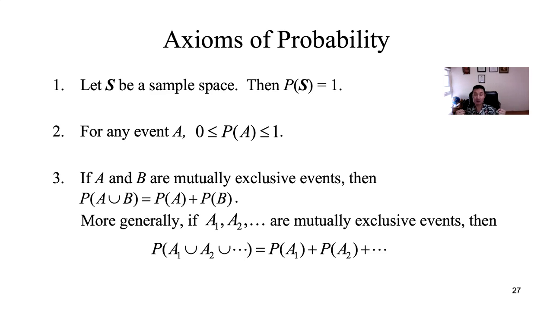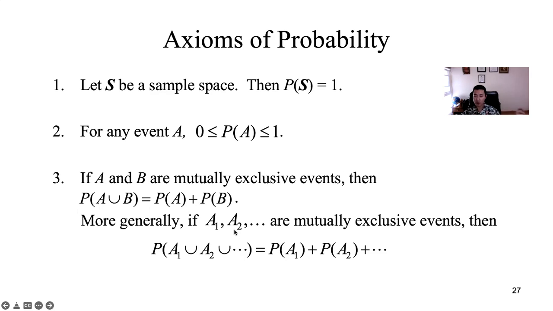In other words, remember the two circles of A and B: when these two circles have no intersection, they have nothing in common, then we can use this equation. So what will happen when they have something in common, when they have an intersection? We're going to discuss the equation in a moment. When A and B are mutually exclusive, P(A or B) is equal to P(A) plus P(B).